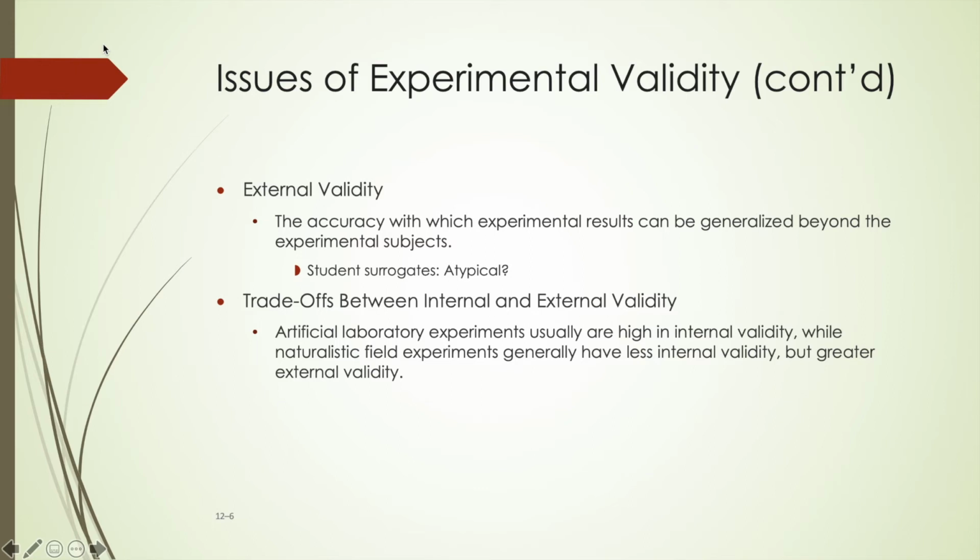Workers, if I experimented with workers and their abilities, and they were able to transfer that into the workplace, then it has external validity. Trade-offs between internal and external validity: they show you here that laboratories usually are high in internal validity because you can control that more, but external validity has more bearing on field experiments, where you see people in their natural habitat.